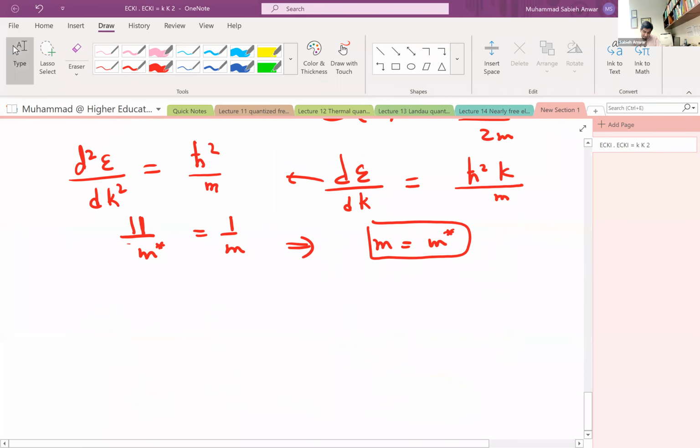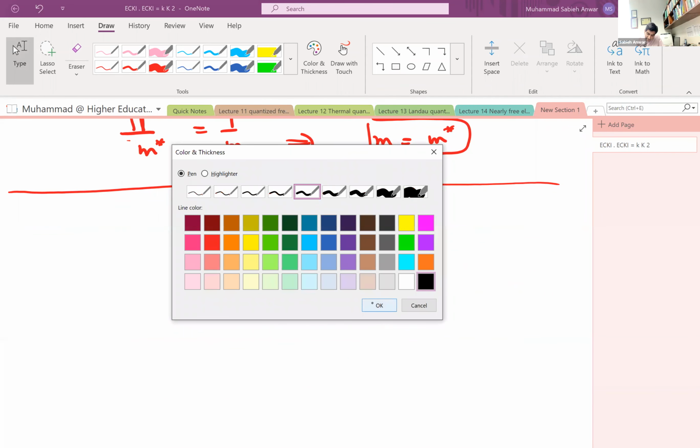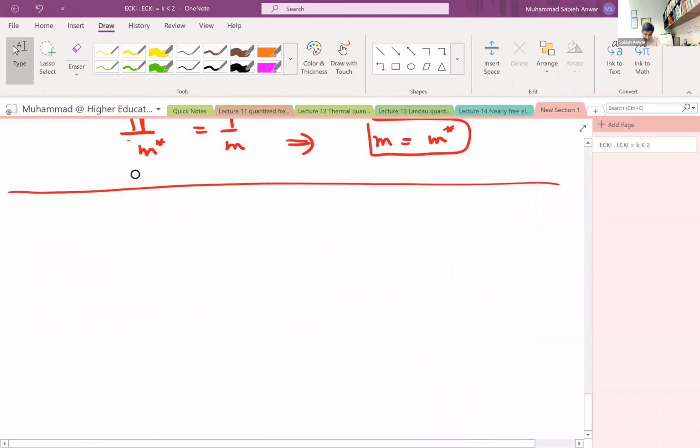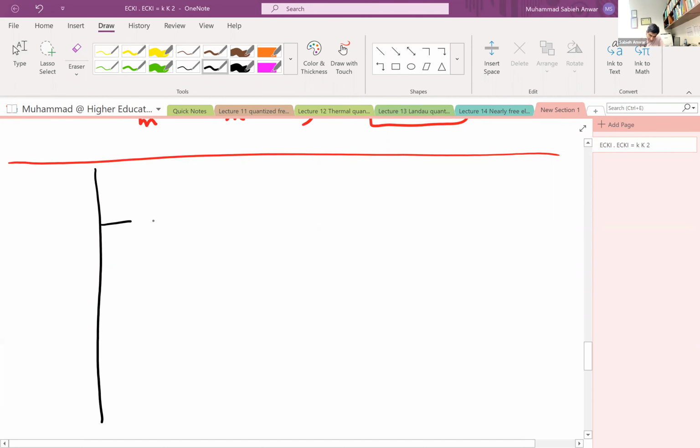And in order to see that, let me look at a graphical picture. First of all, let's draw the dispersion relationship for a nearly free electron. Okay, now I'm going to try to draw some nice figures here. Here you go. Okay, this is my pi over a, right?